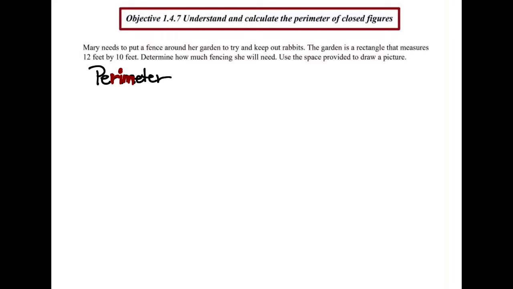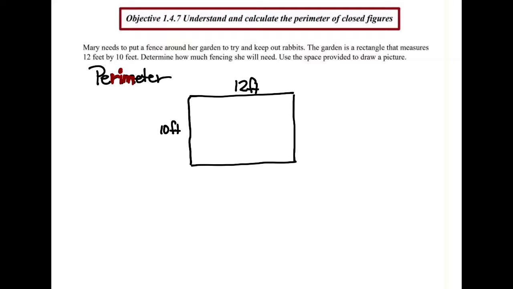So it's a 12 foot by 10 foot, so it's not quite as wide as it is long, right? So this is 12 feet and this is 10 feet. It's rectangular, so I made it basically right angles. And because I know it's a rectangle, I don't have to put a 10 foot here and I don't have to put 12 feet here because I know the opposite sides of rectangles are the same size, right?